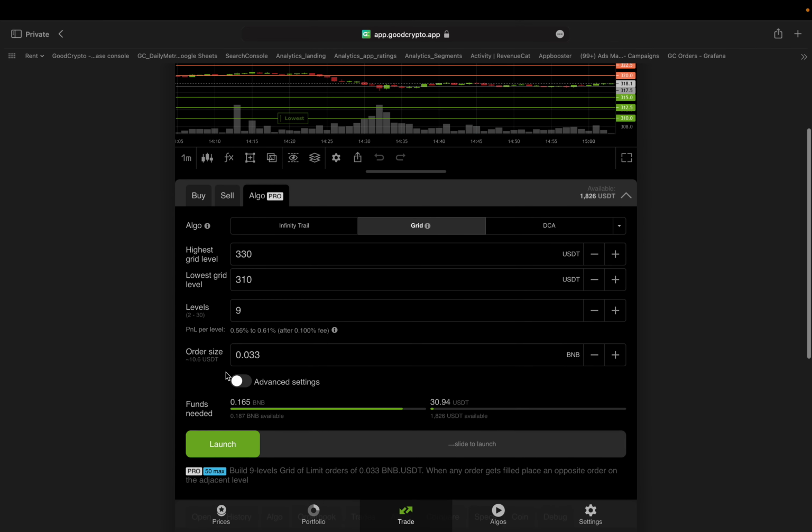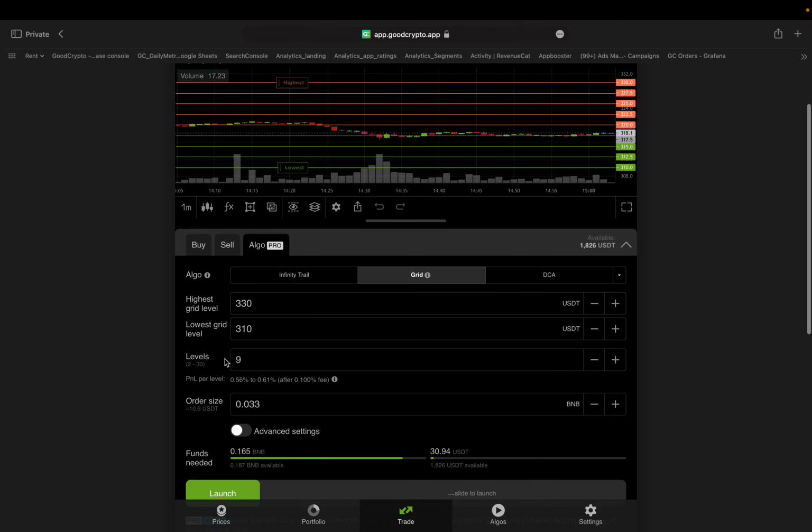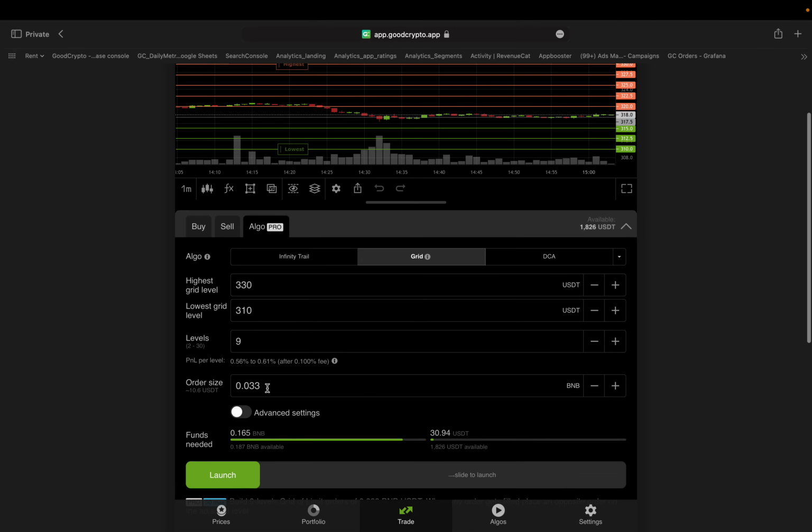For spot, given that you have to set your order size in base currency, in this case BNB, we calculate the size in USDT because that's more intuitive to understand. So if we say, I want, what have you, $10.